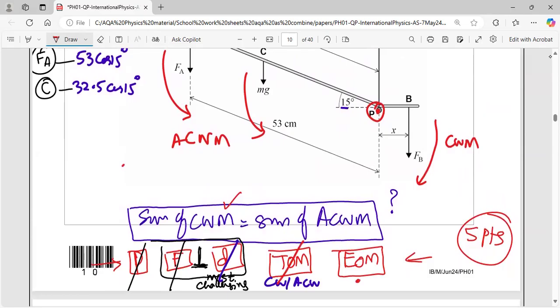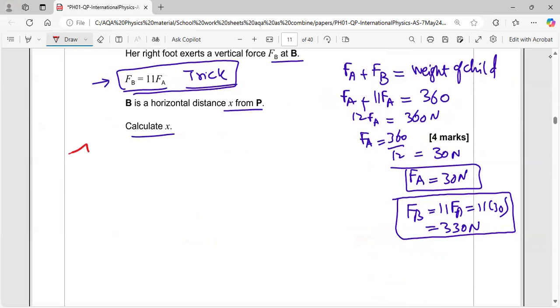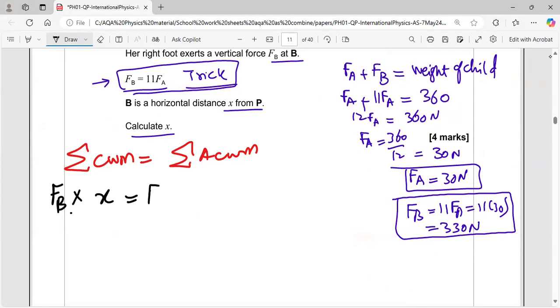And now at the end, you have to apply the equation of moment, which is sum of clockwise moment equal to sum of anti-clockwise moment. So you will simply apply that over there. The clockwise moment is produced by FB into X, and this is equal to FA into 53 cos 18, if I don't forget.